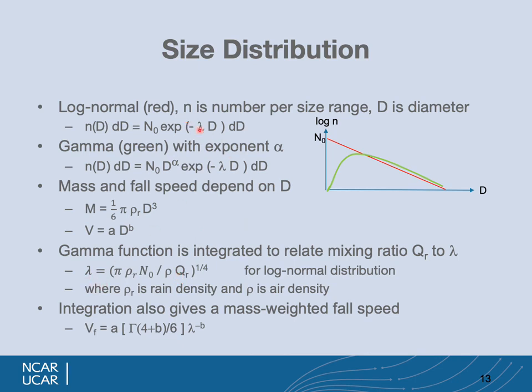So lambda, this gradient, is derived from the intercept parameter which is specified and the mass mixing ratio, which is a model variable. So the size distribution is completely defined once you know the mixing ratio. Similarly, you can do an integration to get a mass-weighted fall speed, which gives you actually this function, because the gamma distribution is very easy to integrate over size, and you can use various moments and integrate them along with the gamma distribution that just modify the exponent.